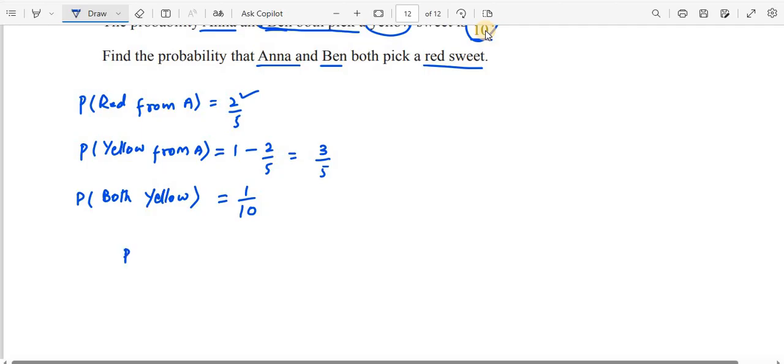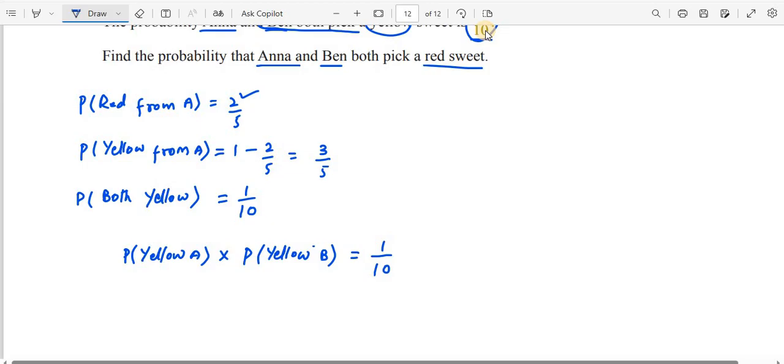So probability of yellow from A multiply probability of yellow from B, both is equal to 1 over 10.